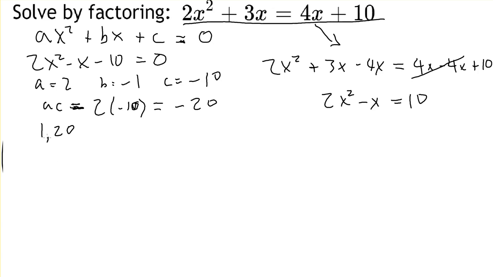That one of these needs to be negative, right? When I go ahead and choose my factor pair, because they have to multiply together to give -20. So I'm going to write down 1 and 20. I'm just going to keep it in the back of my mind that one of these is supposed to be negative, but I don't know which one. If this is the pair, but maybe it's not.